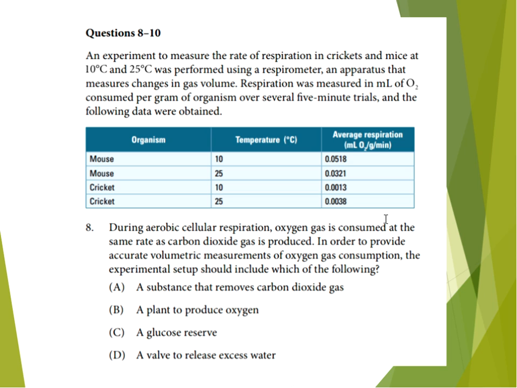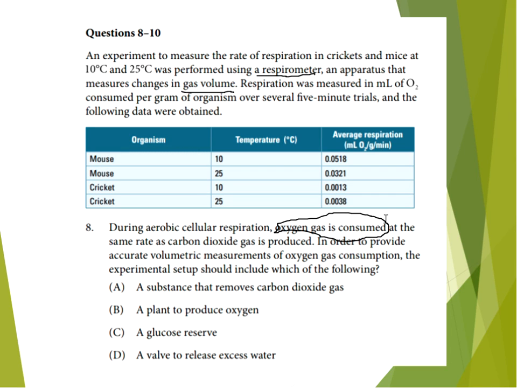Remember, the information here told you that they're collecting it using a respirometer, which measures a change in gas volume. So it's not specific to the type of gas. It's just measuring any change in gas volume. Carbon dioxide gas being produced is going to be a change, and oxygen gas being consumed is going to be a change.